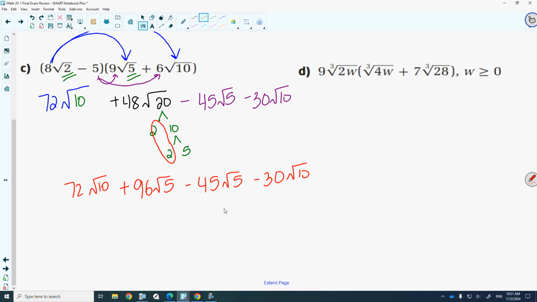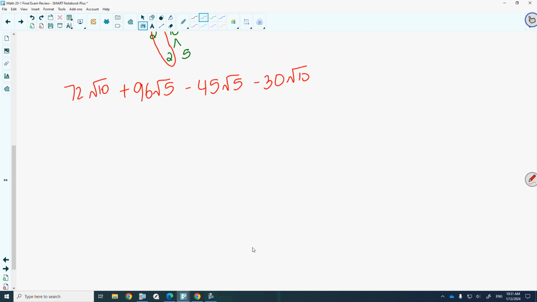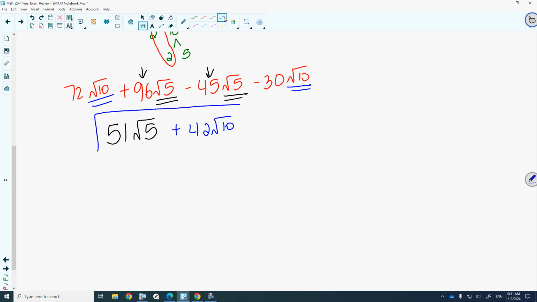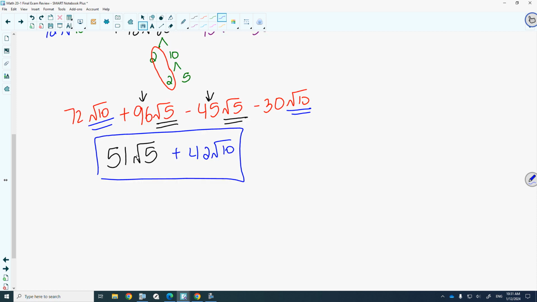And then put your like radicals together. 96 minus 45. What are you getting? 50. Root 10 and root 10. 72 minus 30 is going to be 42 root 10. Okay, so that's how we multiply radicals.